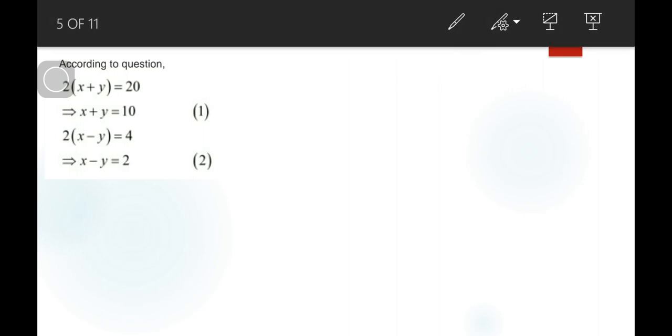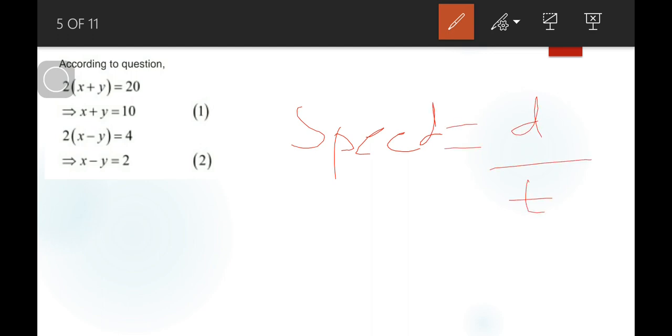So we know that speed is equal to distance by time. So here we can find distance is equal to time into speed.